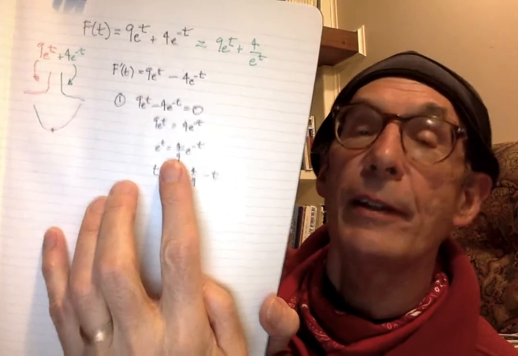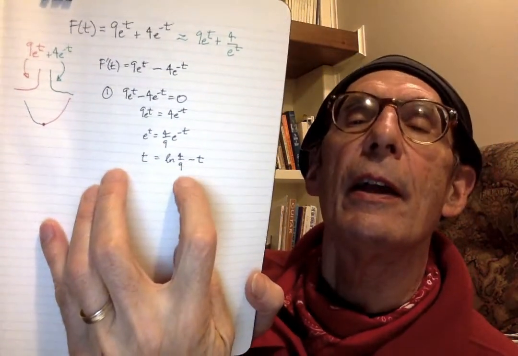So natural log of 4/9, and then we have minus t. So we end up with 2t is the natural log of 4/9. And now I'm going to pull a little bit of magic. That means that t is plus or minus the square root of 2/3.